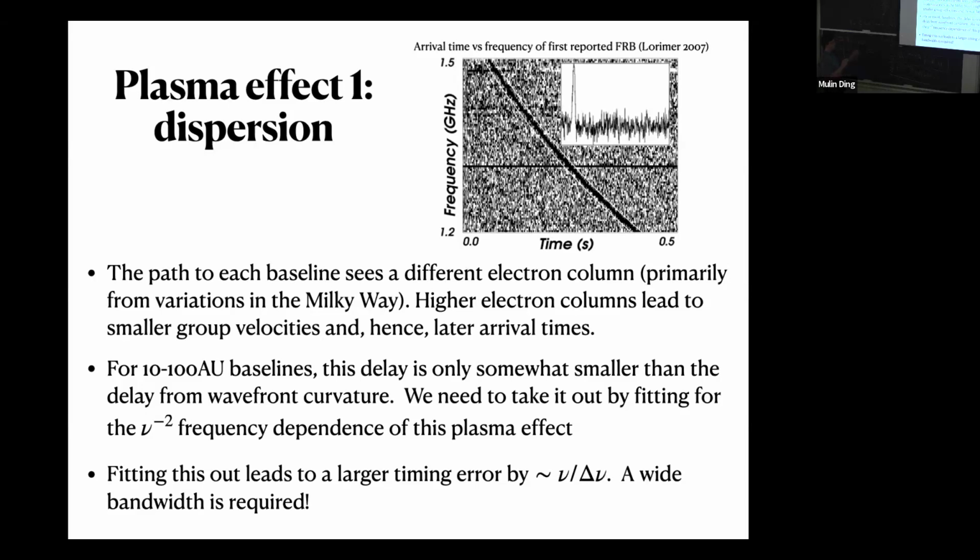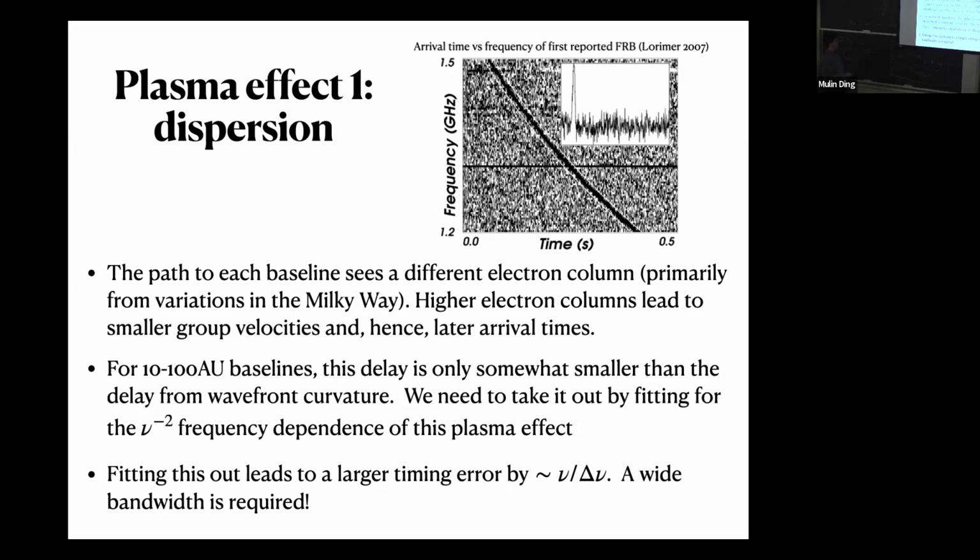In particular, the complication is the differential difference in electron column between the 2 sightlines. I have my FRB arriving at 1 detector, and it goes through 1 column of electrons, and then the same light arriving at another detector goes through a different column of electrons. We don't want the differential delay to be bigger than the inverse of the frequency, for example.